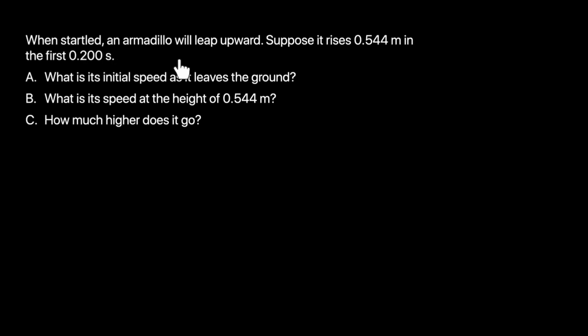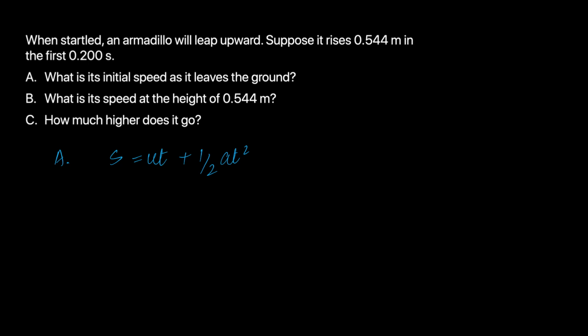When first startled, an armadillo will leap upward. Suppose it rises 0.544 meters in the first 0.2 seconds. What is the initial speed? So the initial speed can be given to us using, again, s equals ut plus half at squared, right?